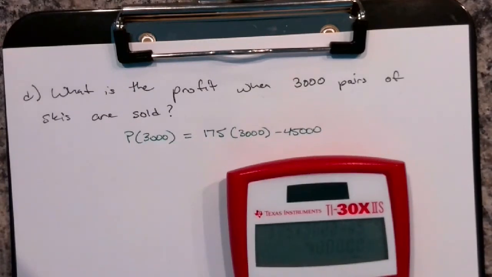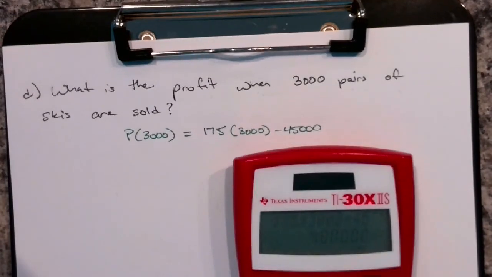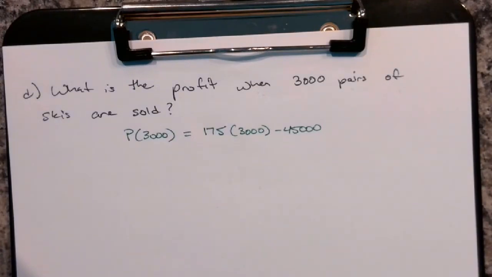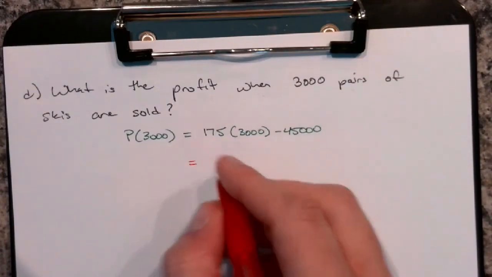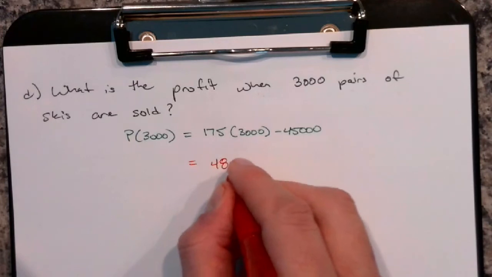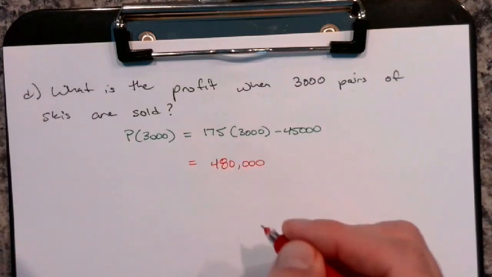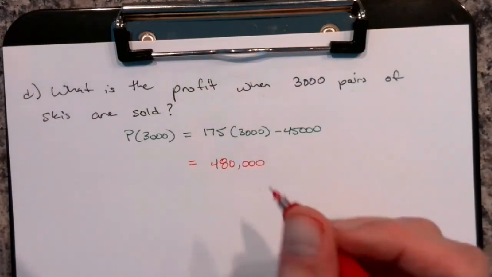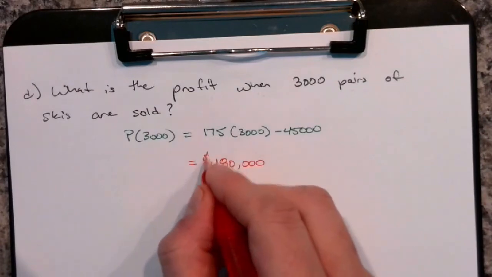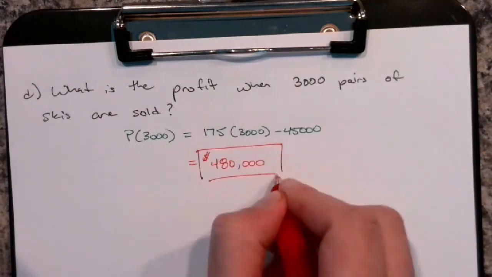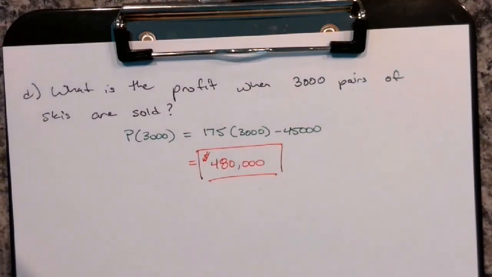And I get 480,000. And make sure you put units on here. The units on this are what? Profit is dollars. So when they sell 3,000 pairs of skis, their profit is $480,000.